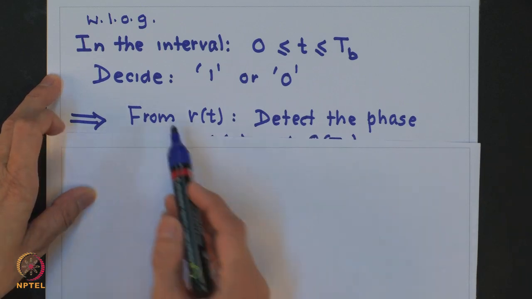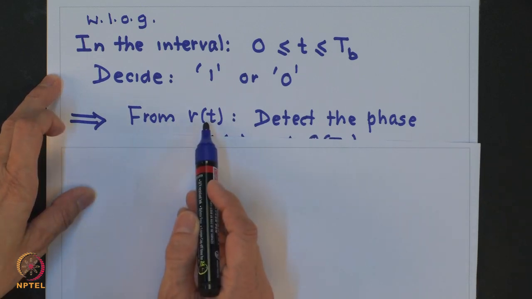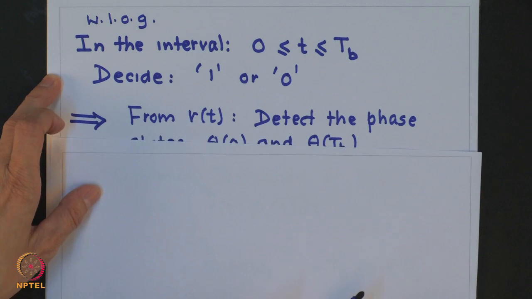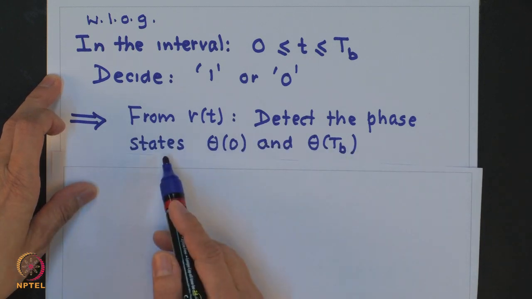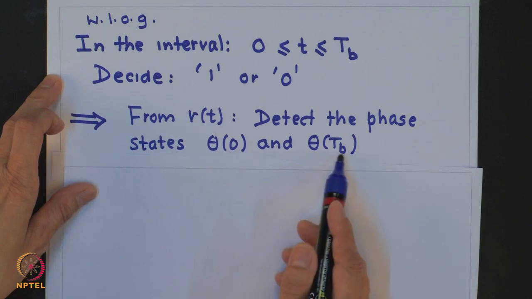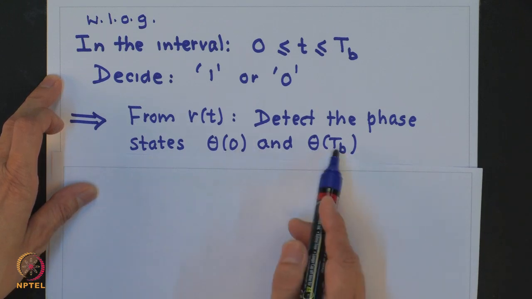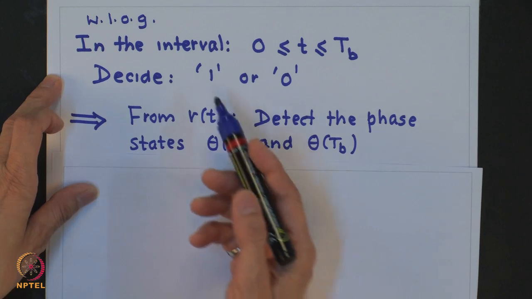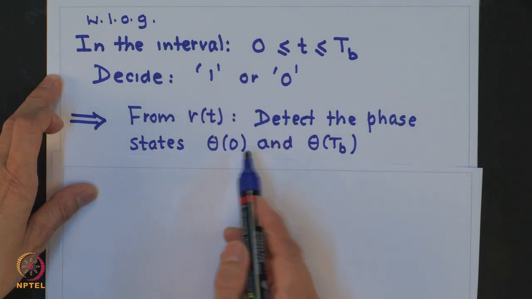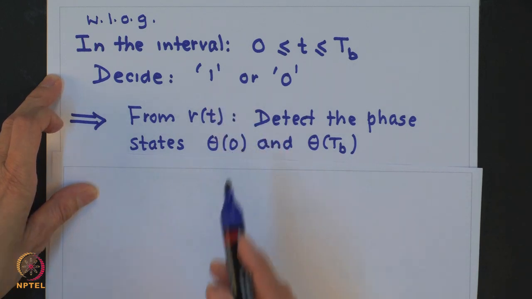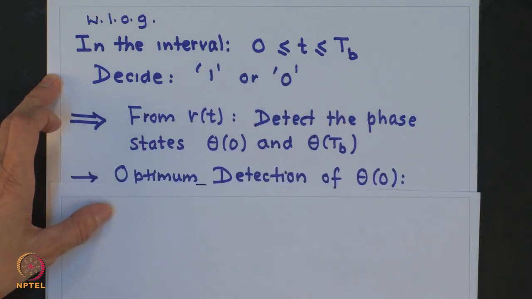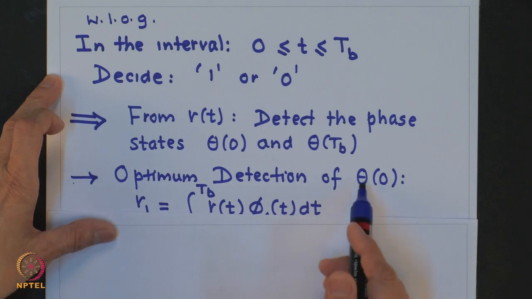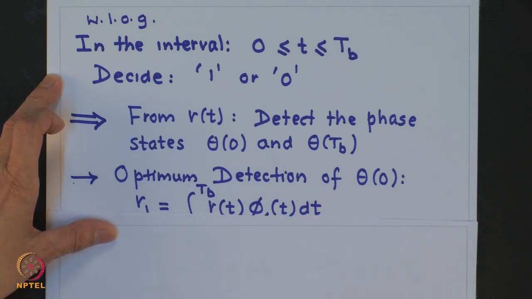To do that, we will take r(t) and project it on phi 1 and phi 2 and then detect the phase states theta 0 and theta Tb. Knowing these phase states, we will be able to find out what was transmitted during this interval between 0 and Tb. So, optimum detection of theta 0 first, let us see.